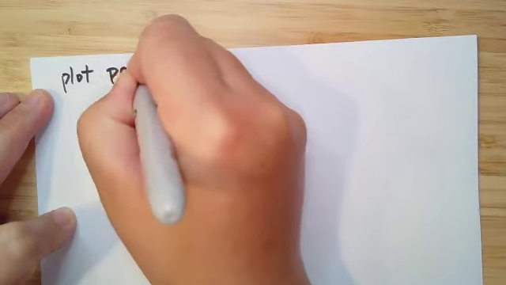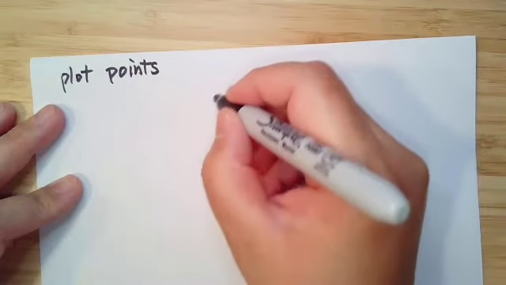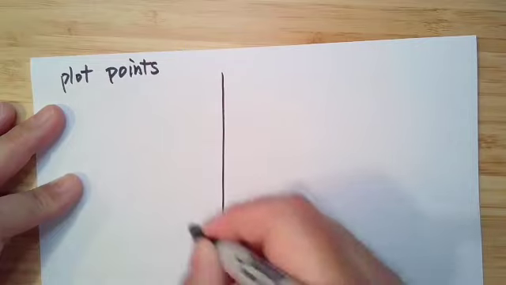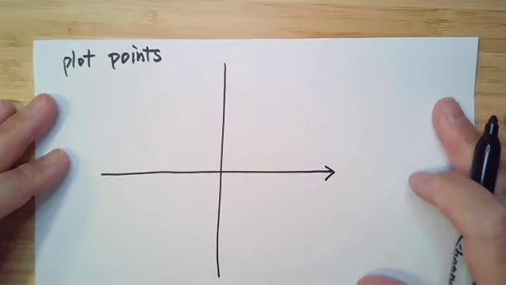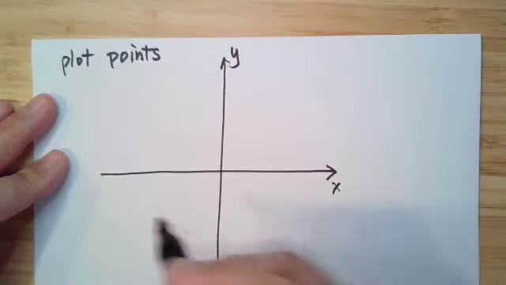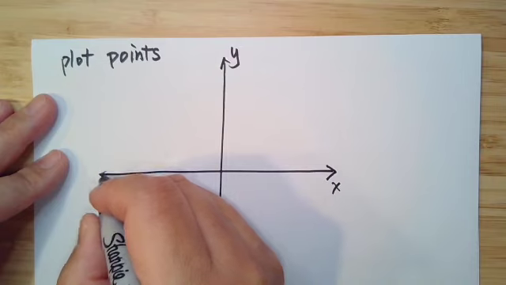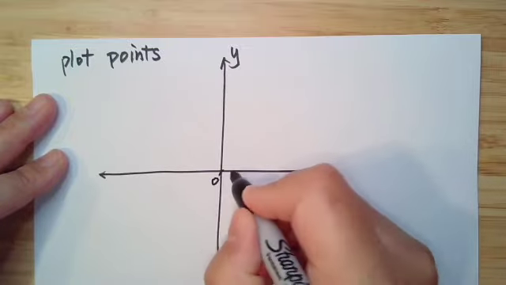So we're going to plot points. Let me make this pretty big. This is x, and this is y. A lot of books also put a little arrow here, which means it's going down forever and moving to the left forever. Here's a 0.